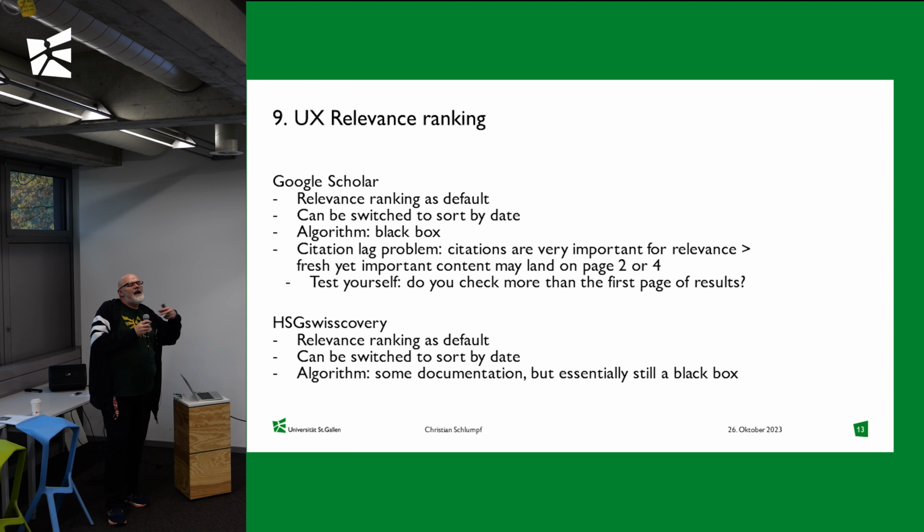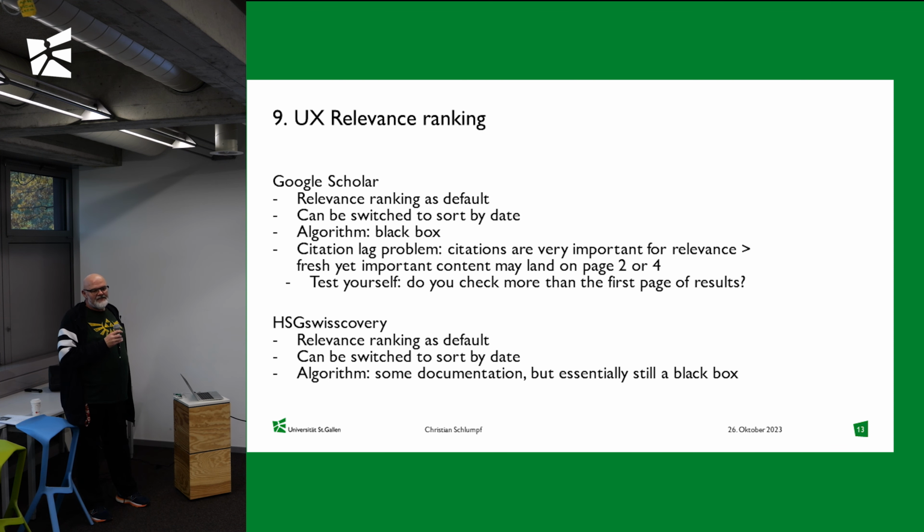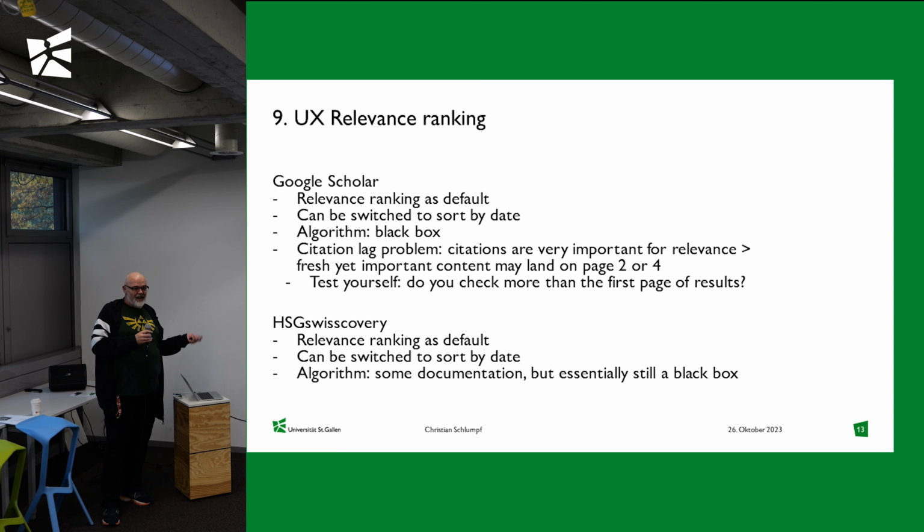There are some explanations, but you really don't see into the system. Also, there is the citation lag problem. If you have a brilliant fresh article that hasn't been cited, it will end up not on the first result page.